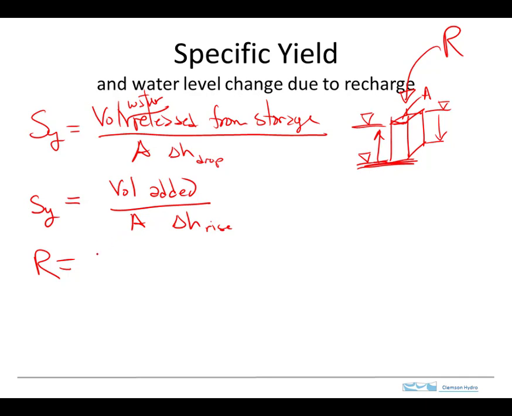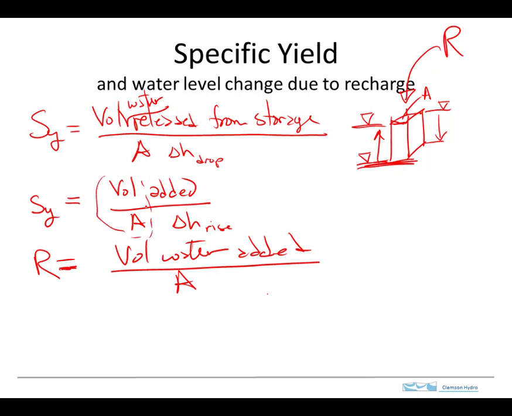So the recharge, say the annual recharge, would be volume of water added per area of the aquifer. Okay, well, if that's okay, then we see right there that this ends up being recharge.